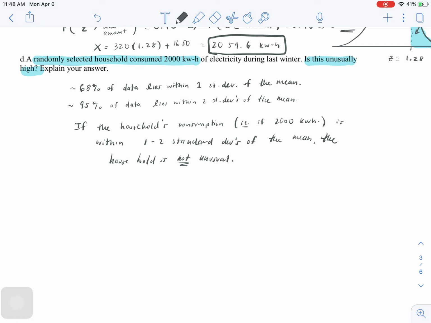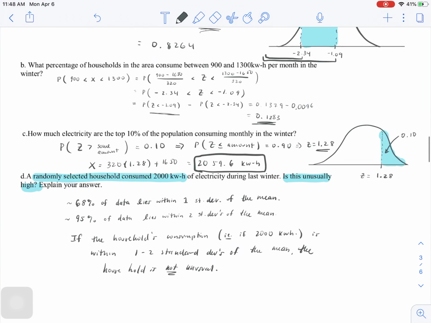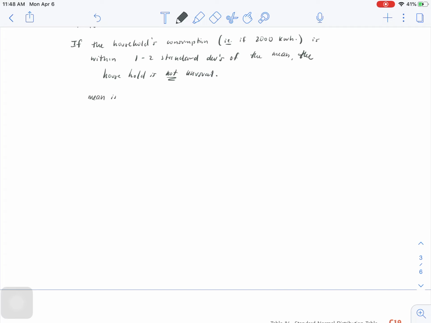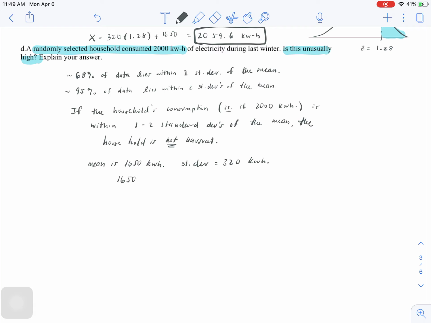So let's see, 2,000 kilowatt hours. Our mean is 1650, and the standard deviation is 320 kilowatt hours. 1650 plus 2 standard deviations is 2,290. 1650 minus 2 standard deviations is 1,010 kilowatt hours.